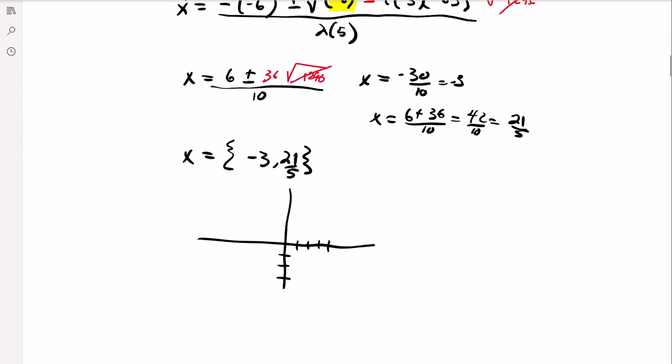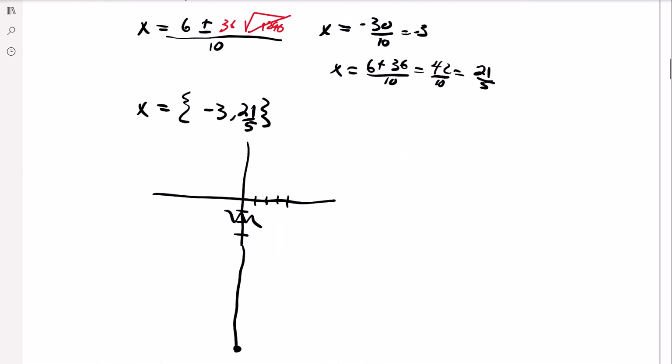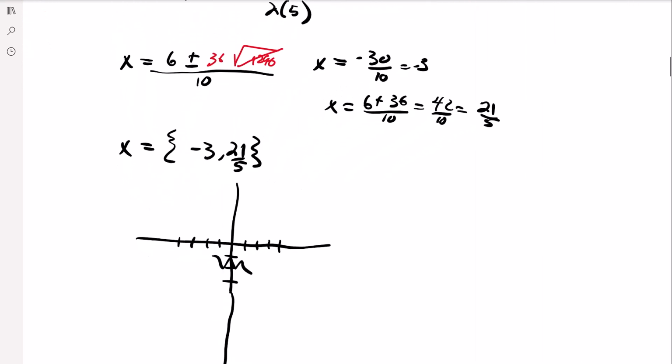And it's going to touch all the way down there at negative 63, so I'll say there's a break in this.